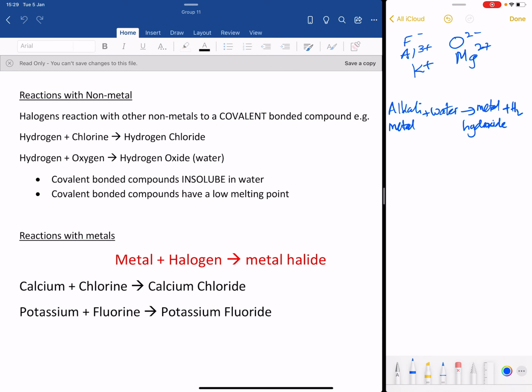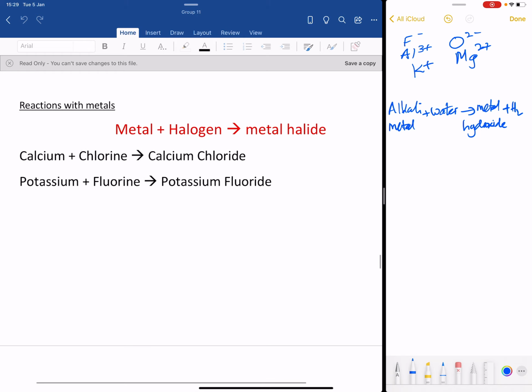Then reaction with non-metals. So hydrogen plus chlorine gives you hydrogen chloride, hydrogen plus oxygen gives you hydrogen oxide. These are covalently bonded substances. Reaction with metals. Moving on.